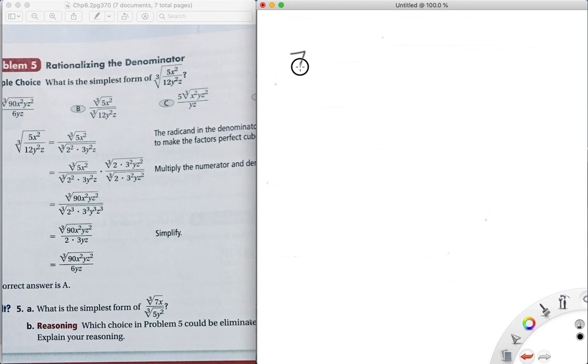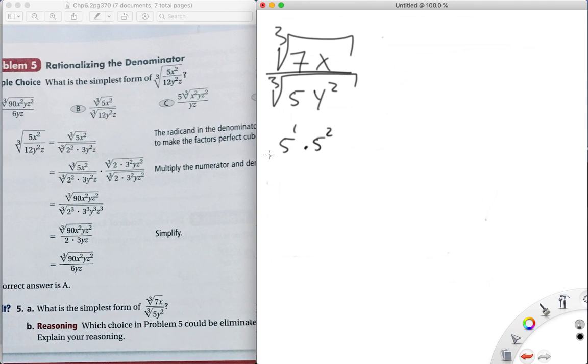This is 7x cube root over 5y squared. Okay, this is also cube rooted. So remember, this is basically 5 to the 1. So I'm going to have to multiply it times 5 squared in order for me to get 5 cubed cube root.